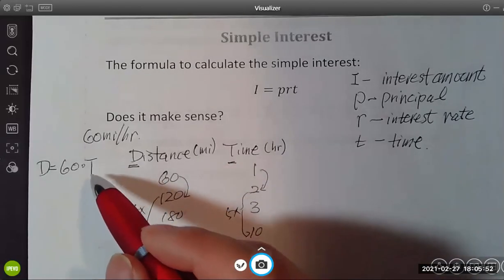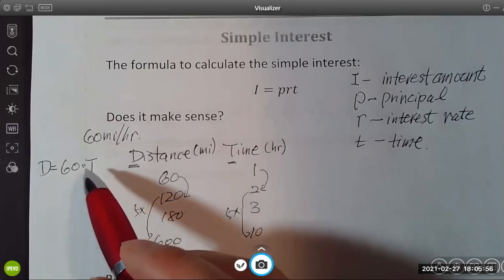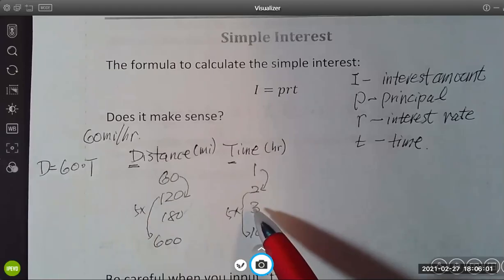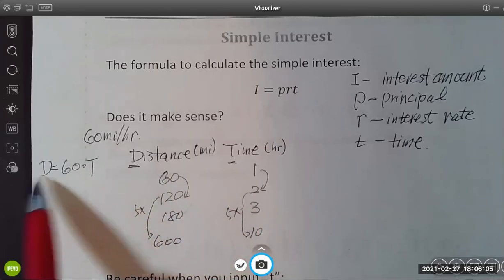T equals 1 hour, 1 times 60, 60 miles. T equals 2 hours, 2 times 60, 120. 3 times 60, 180. 3 hours, 180. If you drive 10 hours, 10 times 60, 600.